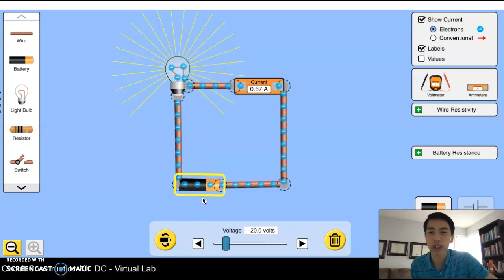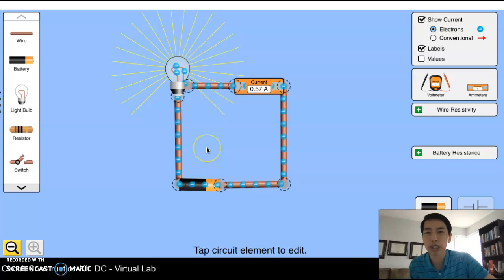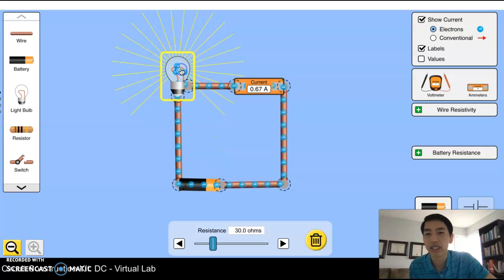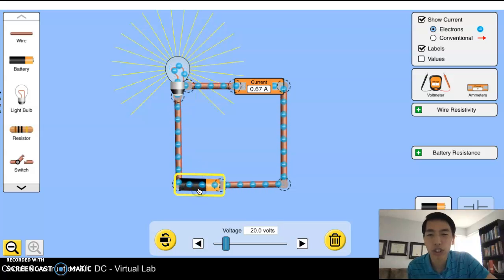I'll go back to my voltage. What if I want my current to be 2 amps? Well, then I have to adjust my resistance and voltage so that the math works out to be 2. So if my resistance is at 30, what does my voltage have to be to make the current equal to 2?